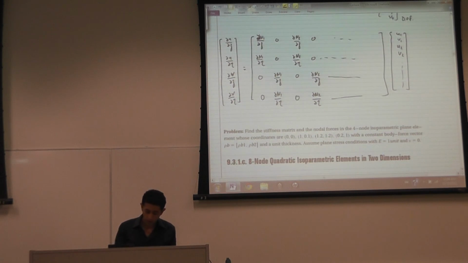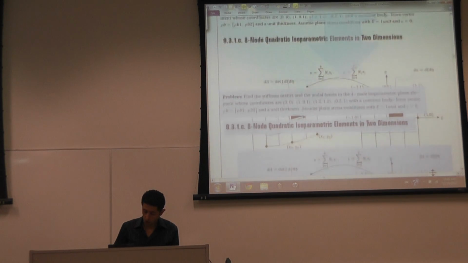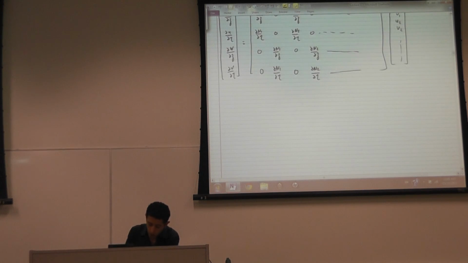My strains are a function of partial u by partial x. Now, partial u by partial x is equal to partial u by partial eta multiplied by partial eta by partial x plus partial u.